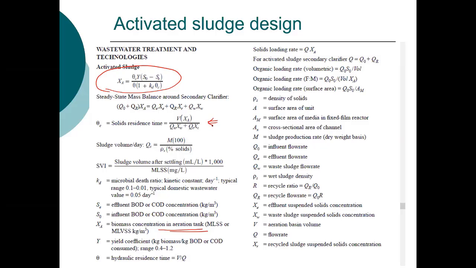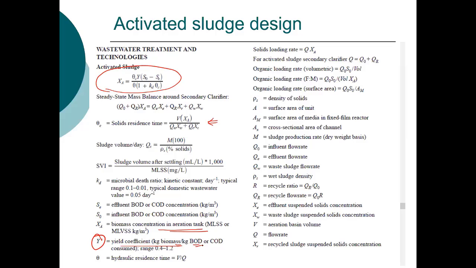So the solids will stay in the tank longer than the water does. It is a function of this yield coefficient. And this is the amount of biomass that we're producing per mass of BOD we're consuming. So think of it as basically the efficiency of organic matter usage.